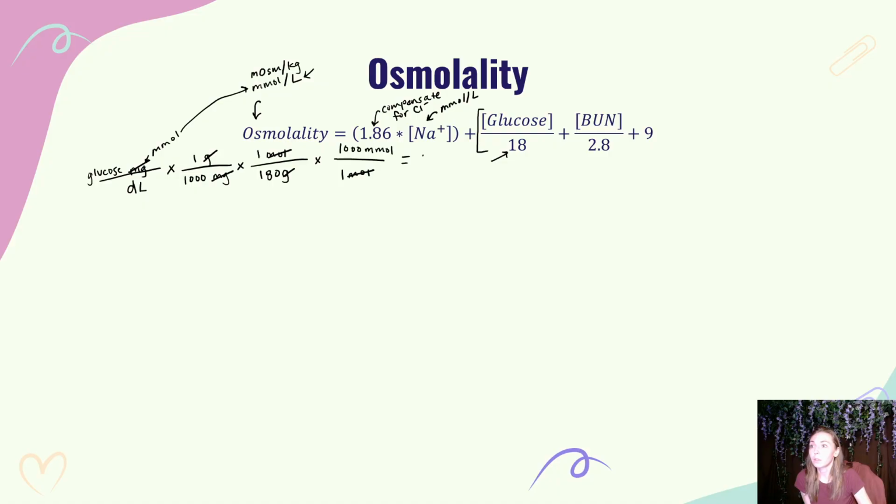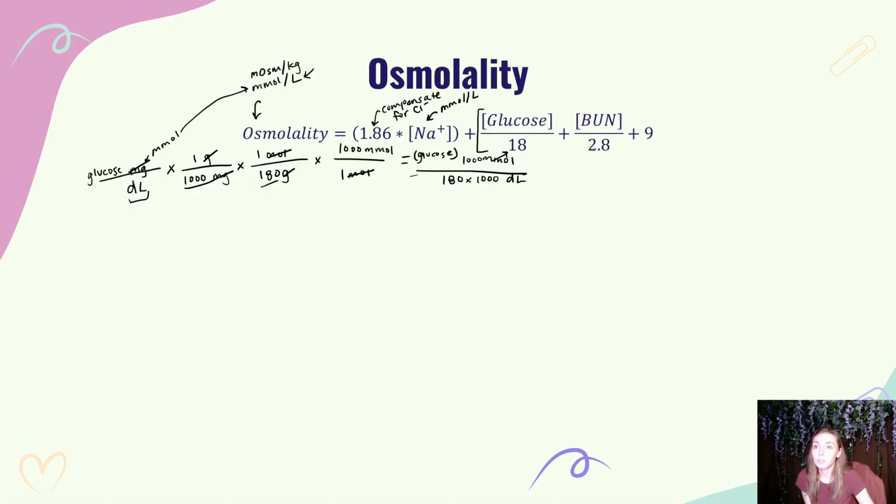So I'm left with the glucose amount times 1,000 millimoles over 180, and I've still got deciliters left.